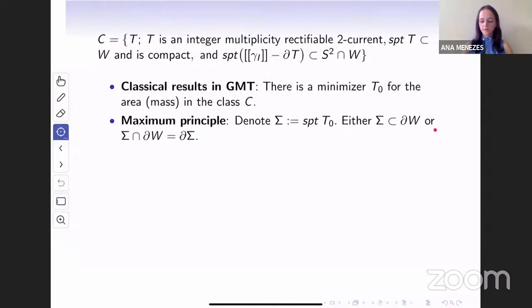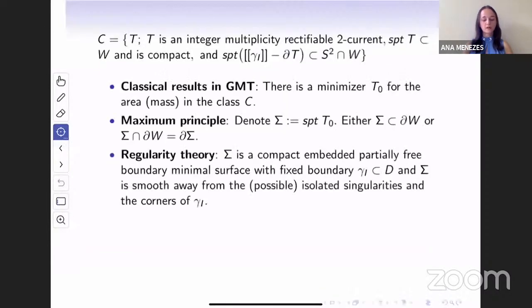Once we have this result, we can use regularity theory to get that sigma is a compact embedded partially free boundary minimal surface with fixed boundary exactly gamma I, of course, by construction. Also, sigma is smooth away from possible isolated singularities of the fixed boundary and the corners. I'm going to explain in a minute what I mean by that.